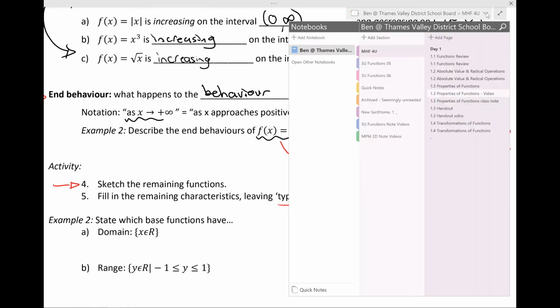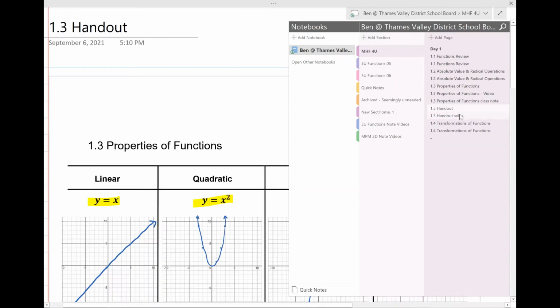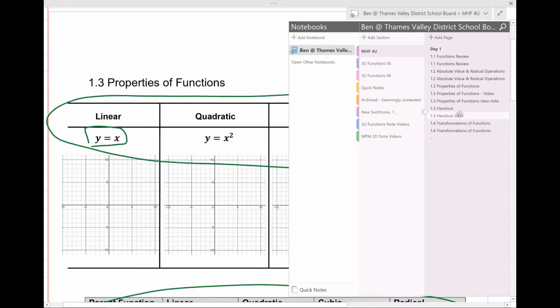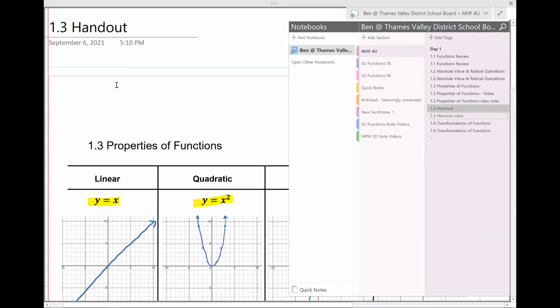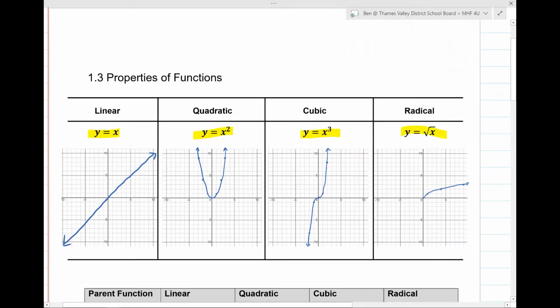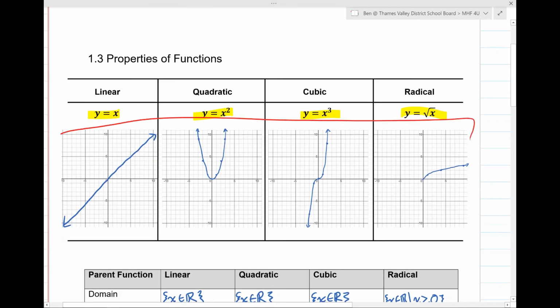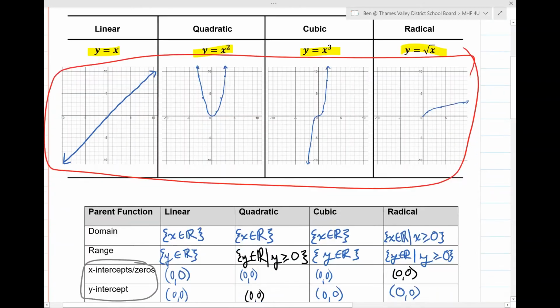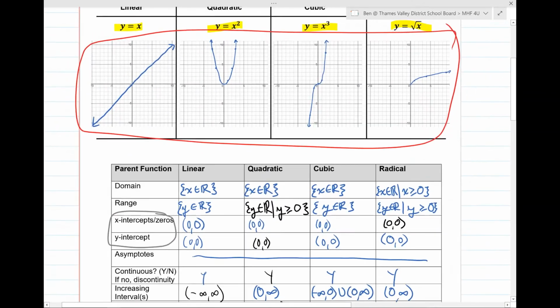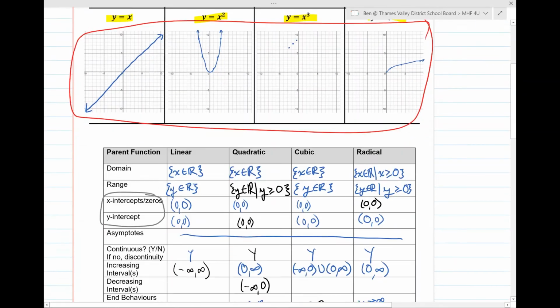So we can jump into the handout. Here we are, in the handout, and you can see from these four functions that we already went over, we also have our new behaviors to take a look at here.